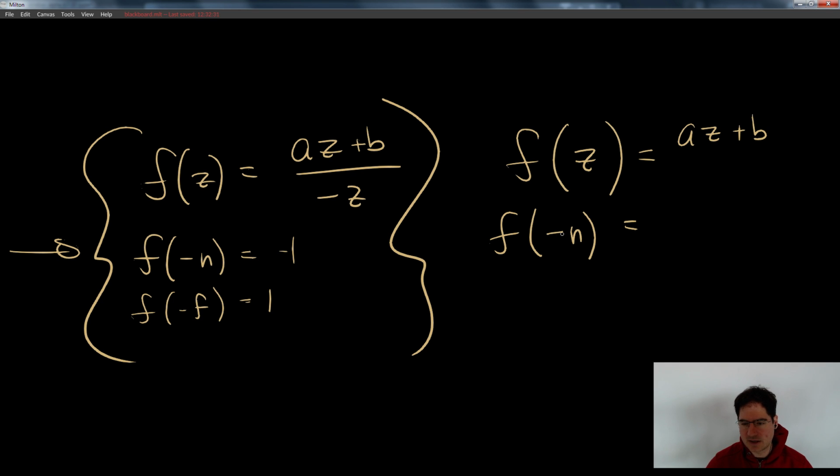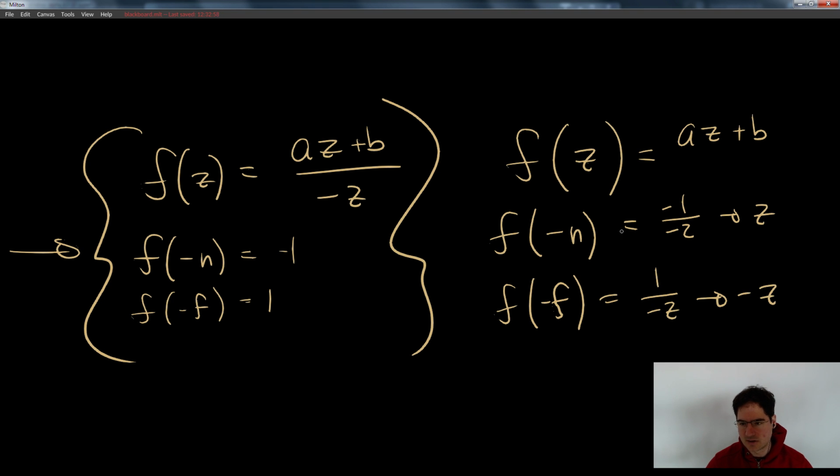So if you plug in negative n, right? We want that to be -1, but we know that we're going to divide by negative z. So actually, in this case, it's going to be -1 over negative z, right? Which would be just z. And similarly, in this case, we have a negative f. And so we know that this is going to be 1 over negative z, or just negative z, right?